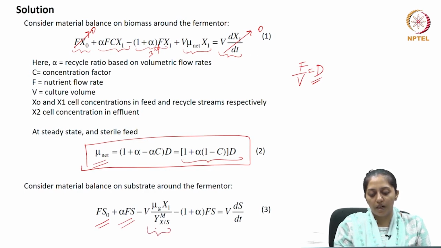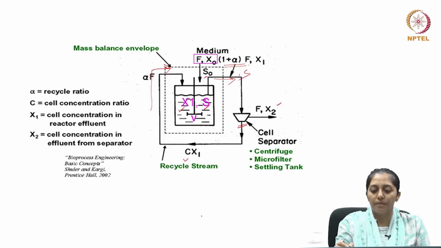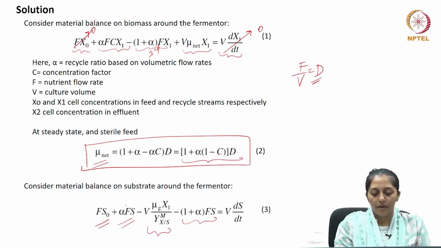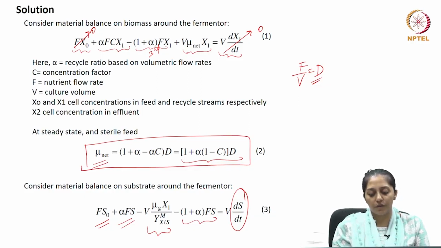The third term stands for the rate of substrate consumption in growth. The fourth term is the rate at which the substrate is going outside in the reactor effluent stream, and the net of the right hand side terms is what accumulates inside the reactor. So, dS by dt stands for the rate at which the substrate is getting accumulated inside this reactor with cell recycle stream.